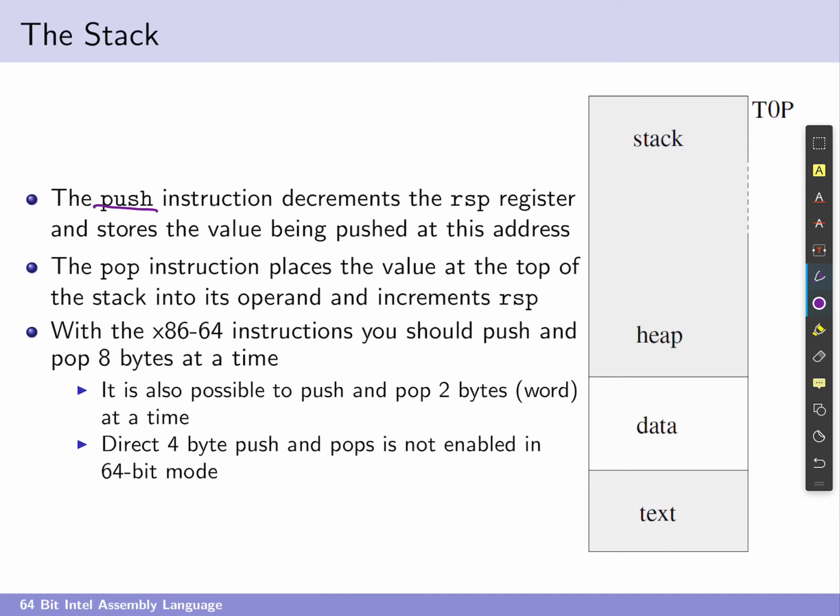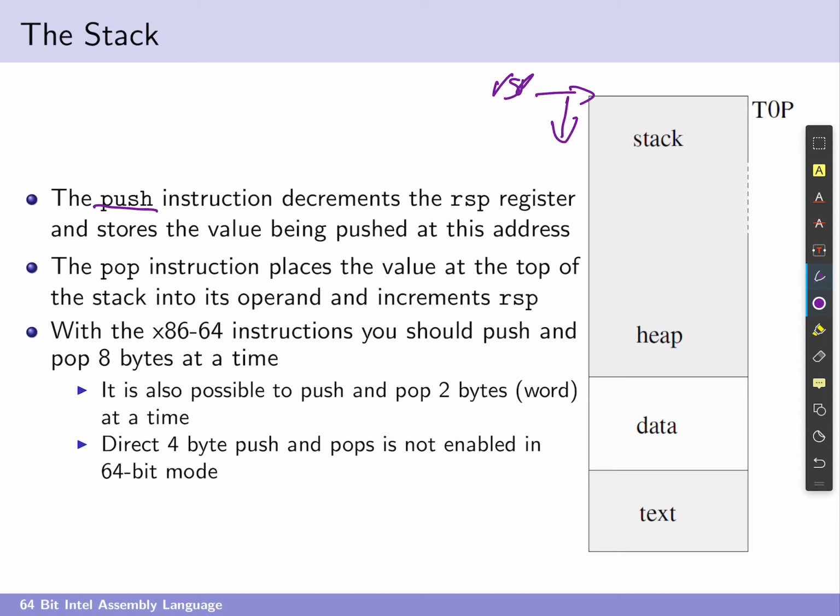So the push instruction decrements the RSP register and stores the value being pushed at this address. So remember, the stack grows downwards. So if I want to increase the amount of space in the stack, I actually have to subtract from RSP. I have to subtract some amount from RSP, and that's why when I perform a push operation, I decrement the RSP register and store the value being pushed at that address.